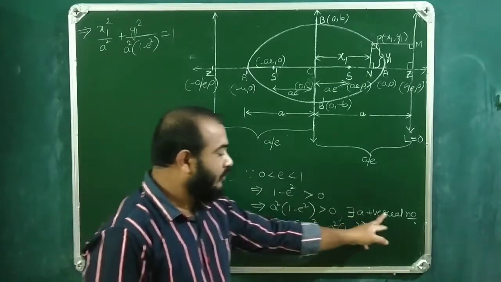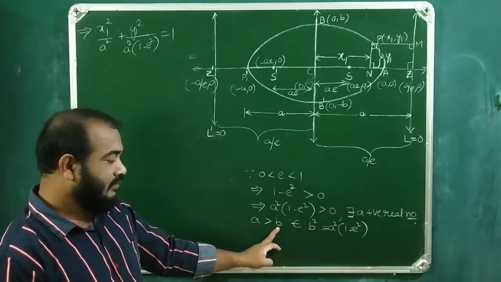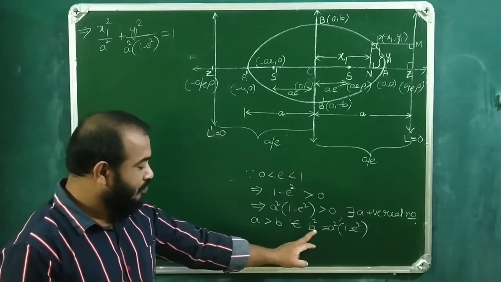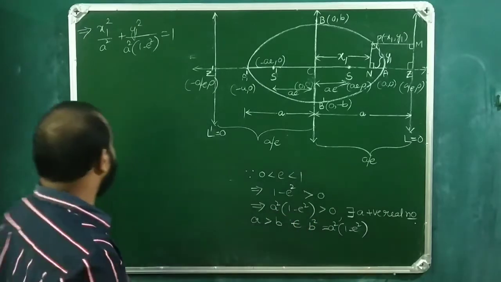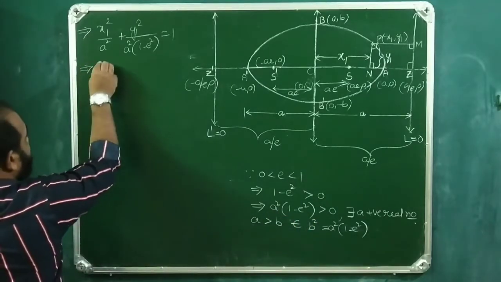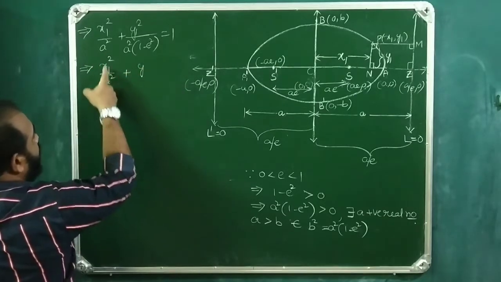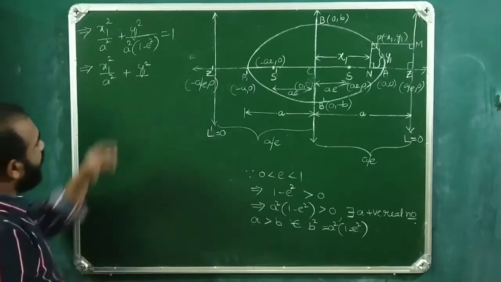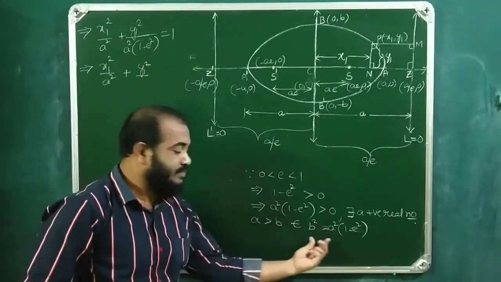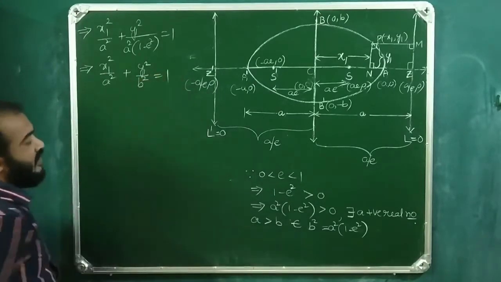There exists a positive real number b, taking a greater than b, such that b square equals a square into 1 minus e square. Then x1 square by a square plus y1 square by b square equals 1.